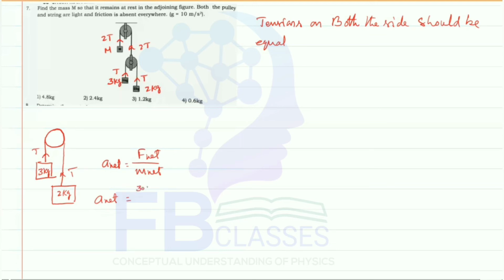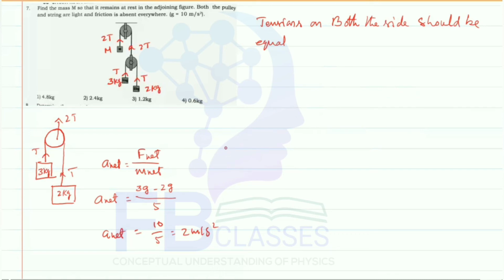So this side is 30, that is 3g minus 2g upon 3 plus 2, which is 5. Now a net is equal to 10 by 5, that is 30 minus 20 is 10, 10 by 5 is equal to 2 meter per second square. So the a net acceleration came as 2 meter per second square for the hanging blocks.